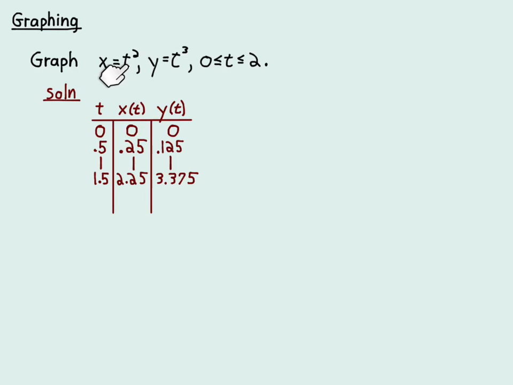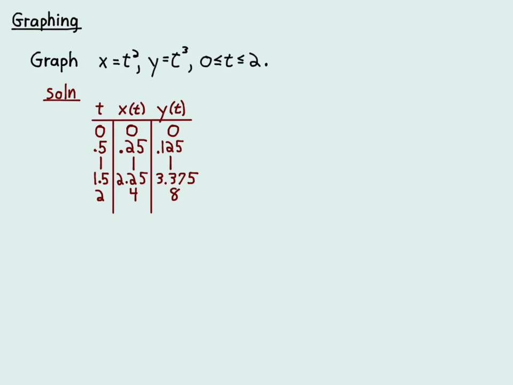Put 1.5 in there for t, you square it, you get 2.25. Put 1.5 in here for t, you cube it, and you get 3.375, 3 3/8. And then if you put 2 in, which is the other endpoint here, you get 4 and 8, which I put down here, 4 and 8.